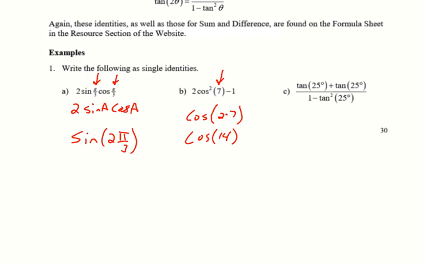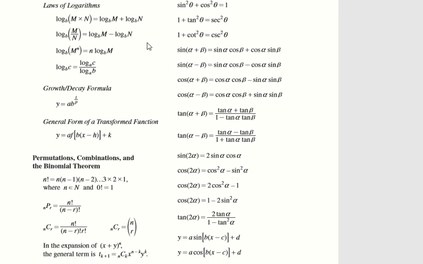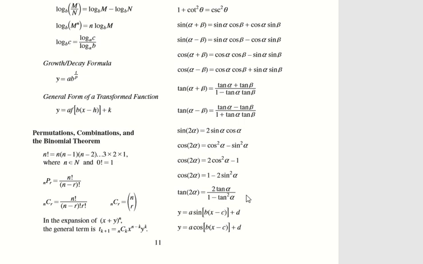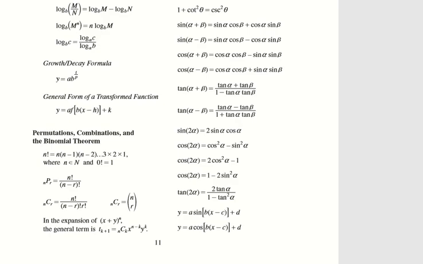Let's look for this one. Can't really scroll down any farther here. There we go. It's probably this one right here, 2 tan of the angle. Oh, no, it's not. Well, we could probably write it that way. So up here, tan 25 plus tan 25, and then 1 minus tan squared theta.